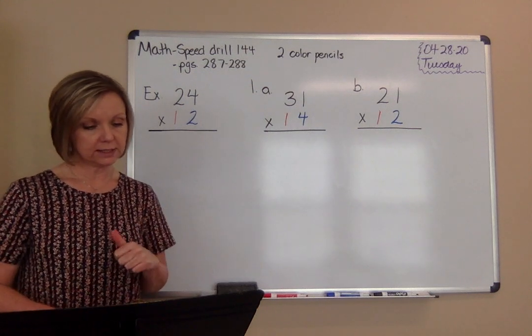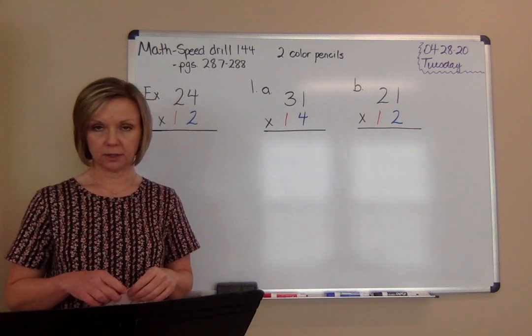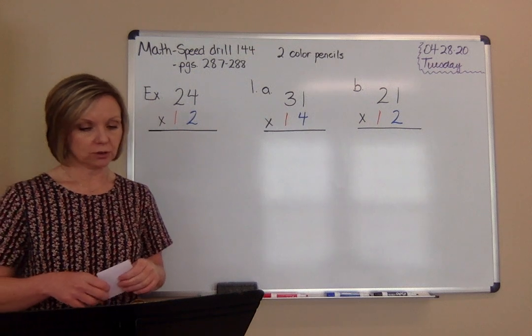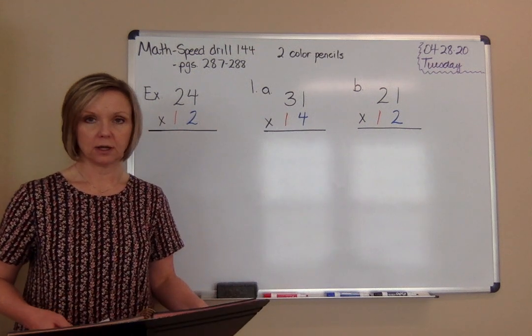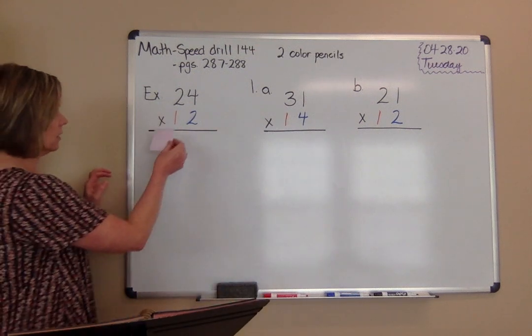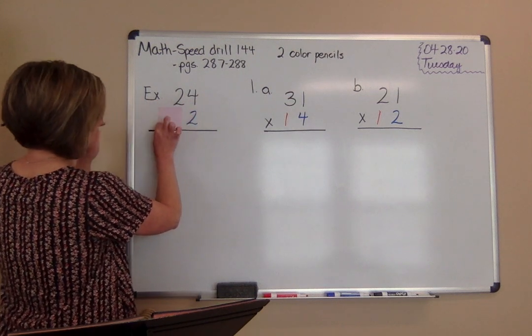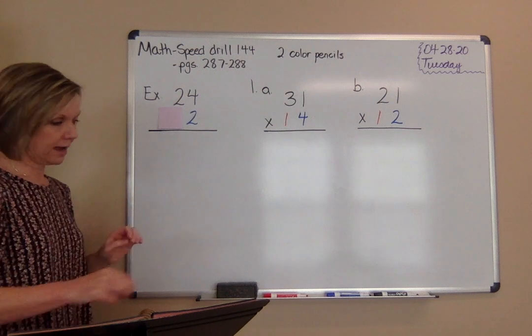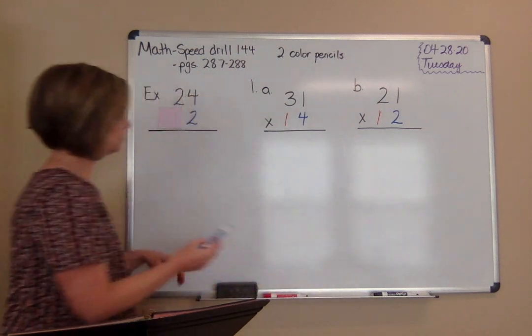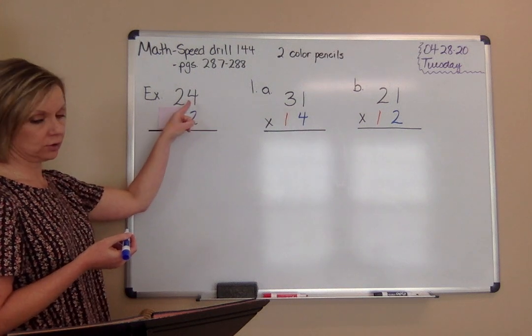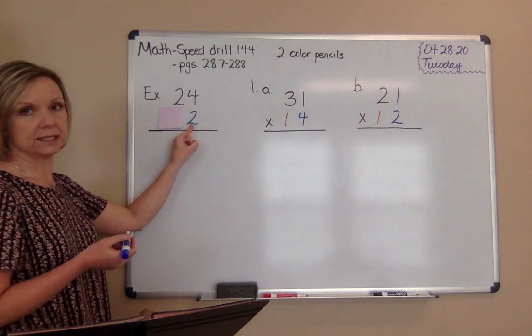Let's look at step number 1, which matches the first example there. Multiply the top factor by the ones digit of the bottom factor. I'm going to use my blue because the directions say multiply the top factor by the ones digit.